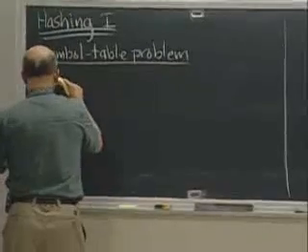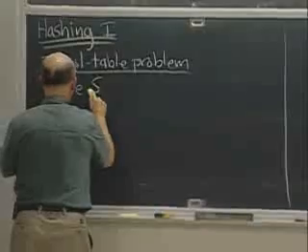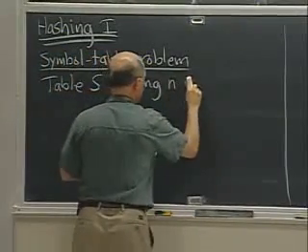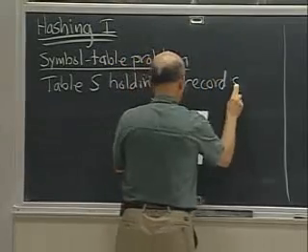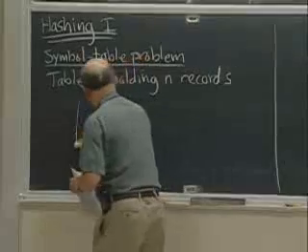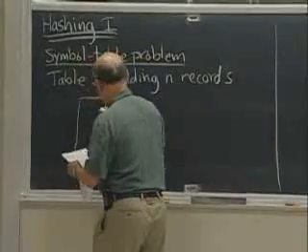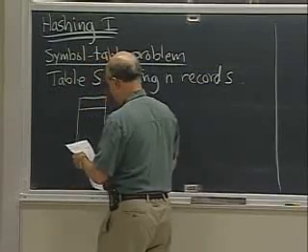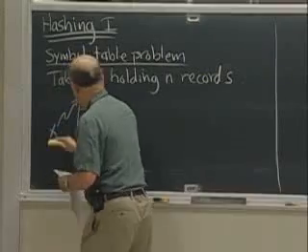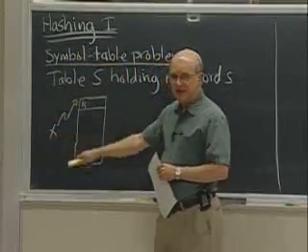And the idea is that we have a table S holding n records, where each record, just to be a little bit more explicit here, this is record X. X is usually a pointer to the actual data.